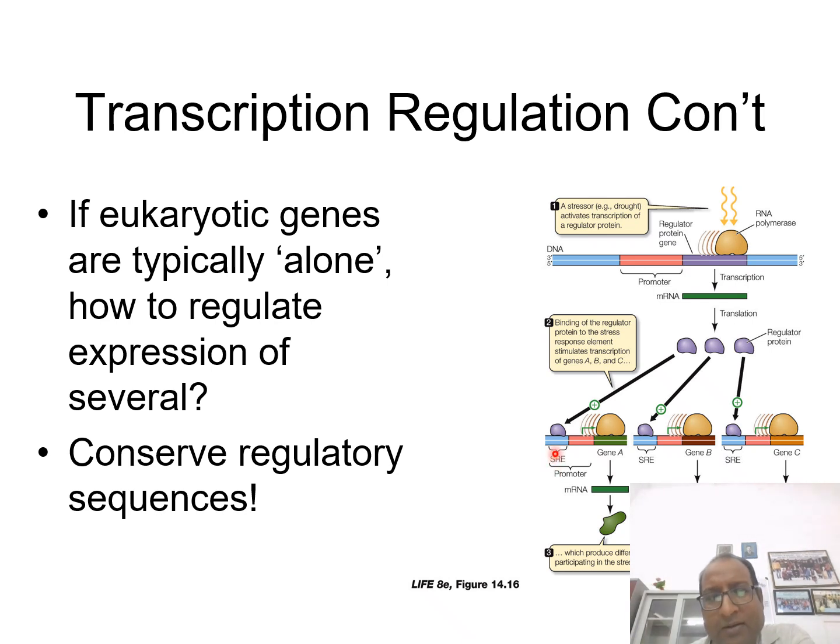It may be present near the promoters of multiple genes, and these regulatory proteins bind to it and activate the expression of different genes at the same time. So eukaryotic genes are typically alone, but their expression is controlled by a single master regulator protein, and the master regulator protein has a recognizing sequence in each of the regulated genes above the promoter area.